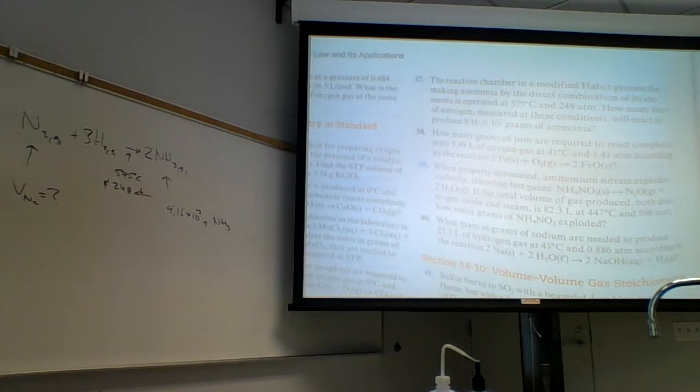There's another way I do stoichiometry maps as well. Let me show you. One of the other ways is to base it on the equation.